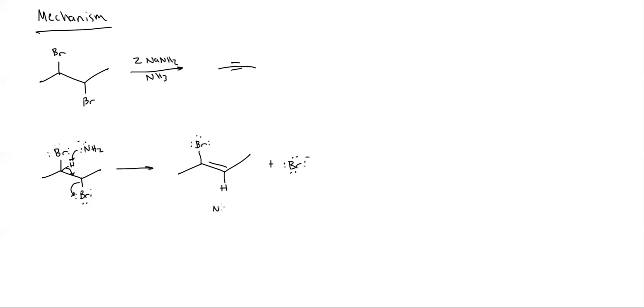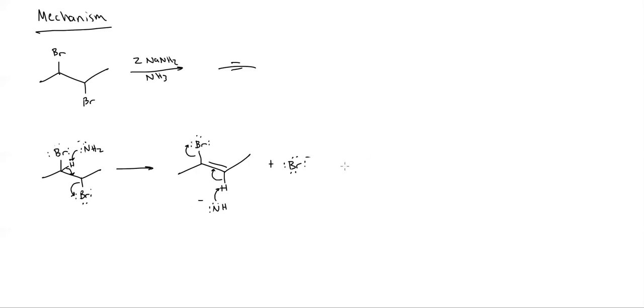So now I can do the same thing again. Another NaNH2 could come in. Too many lone pairs, sorry. So NH2 could come in, take the hydrogen, form another double bond, bromine could leave.